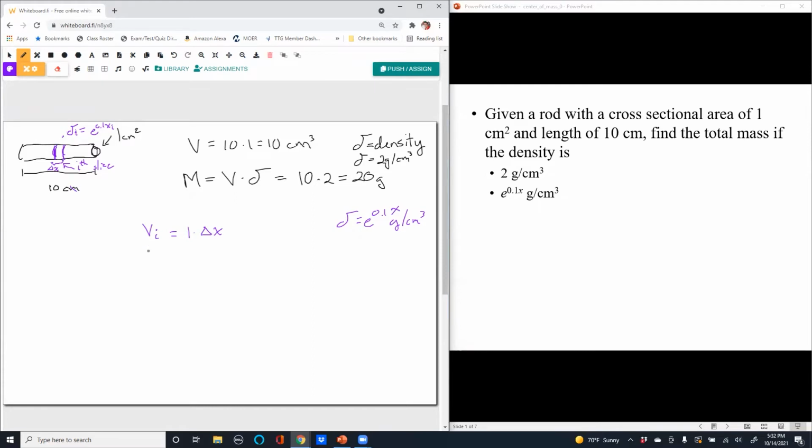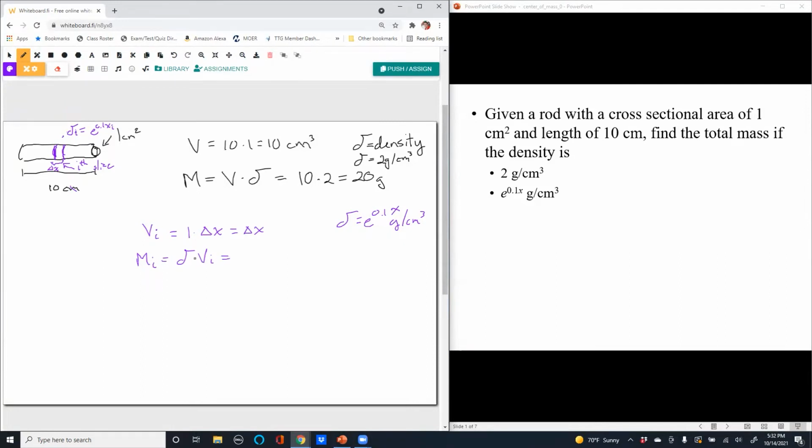Okay, now let's talk about the mass of the ith slice. These are going to be steps that we're going to be doing on Tuesday too. So 1 times delta x, probably we would just write that as delta x. Okay, so we'll simplify that. Now the mass of the ith slice is the density times the volume of the ith slice. All right.